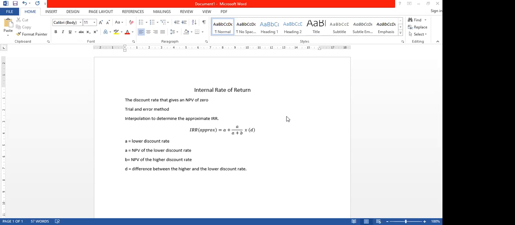The formula you gave is IRR equals A, which is the lower discount rate, plus the NPV of lower discount rate all over NPV of lower discount rate minus, I think it's minus.